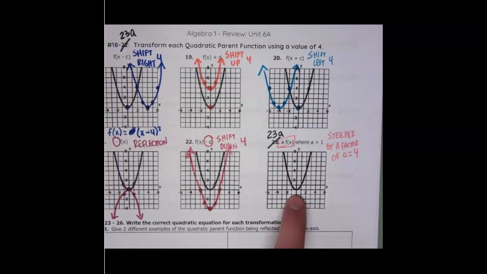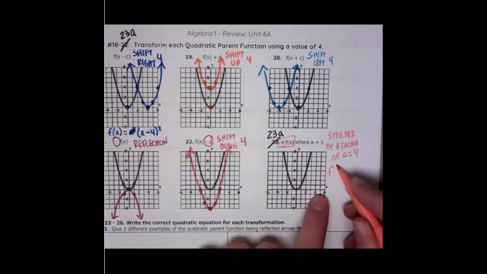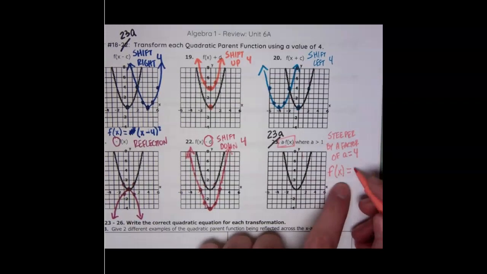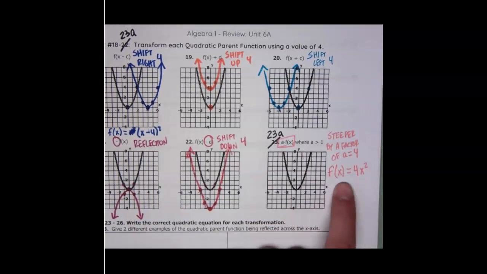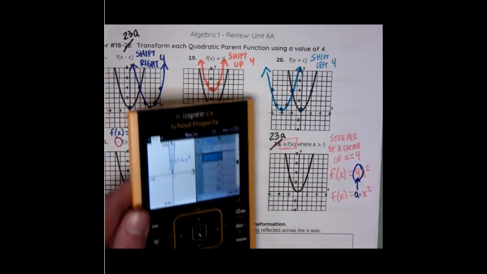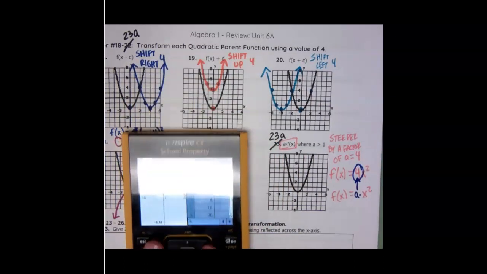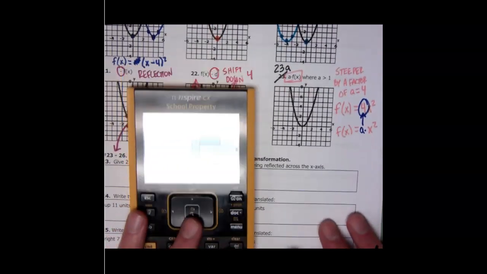But what I just did was I went ahead and graphed what this would look like on the calculator, because my equation will be f of x equals 4x squared, right? If my parent function is f of x equals x squared, putting an a out in front of it would bring 4 right there. So f of x equals 4x squared would be my graph. I graphed that in my calculator.